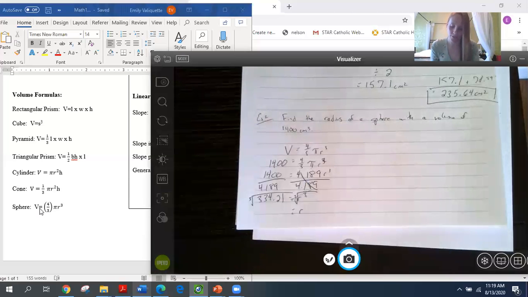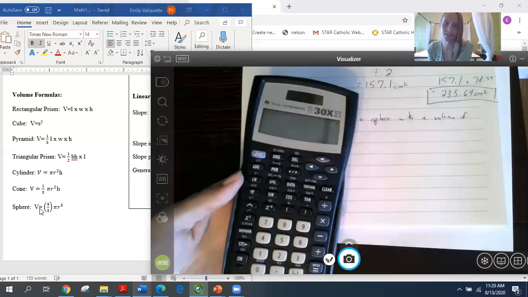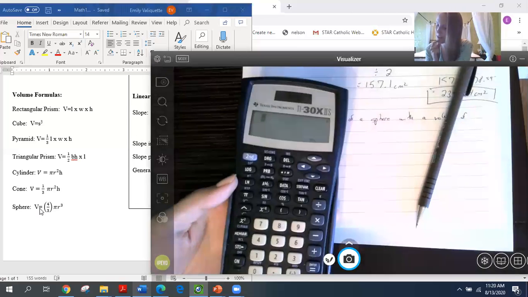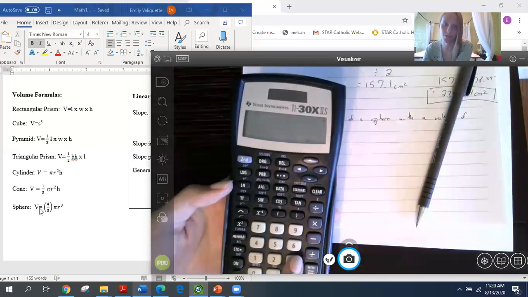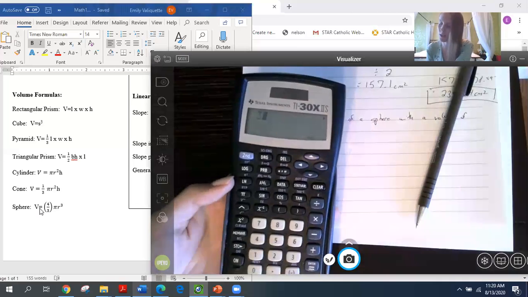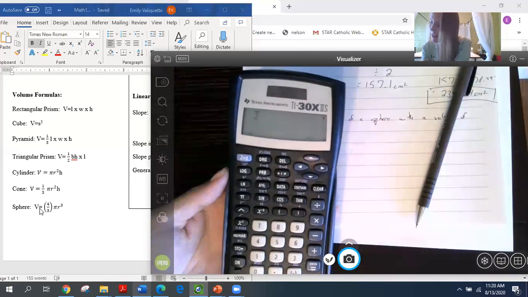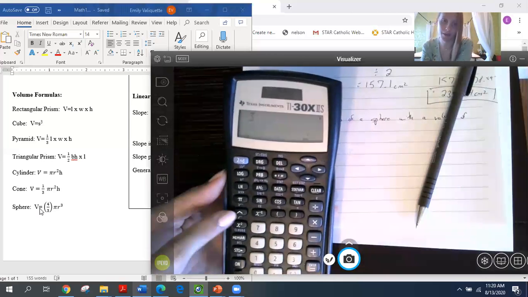So I'm going to take the cube root of 334.21. If you're not sure how to do a cube root on your calculator, it is slightly different for different types of calculators. If you have a calculator like mine, a Texas Instruments, what you're going to do is put in a 3 for the fact that it's a cube root. Then you're going to do the second button and this little to the power of button.